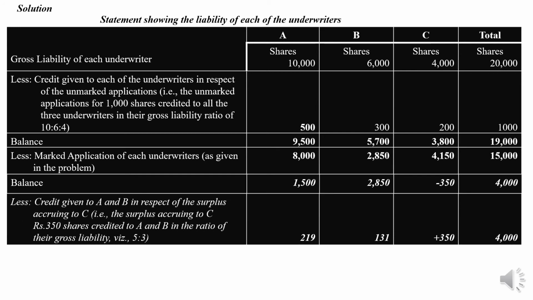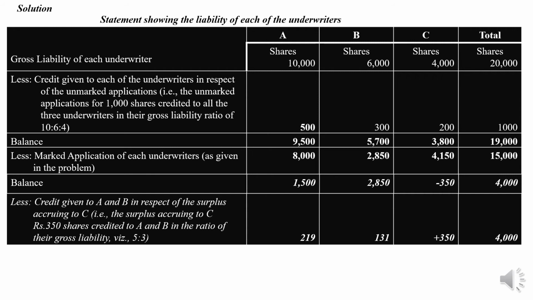Now, less credit given to A and B in respect of the surplus accruing to C. The total surplus is 350. That has to be distributed between these two people in the ratio 10,000 to 6,000, which if you reduce it becomes 5 to 3. So that becomes 219, 131, and this totals 350.